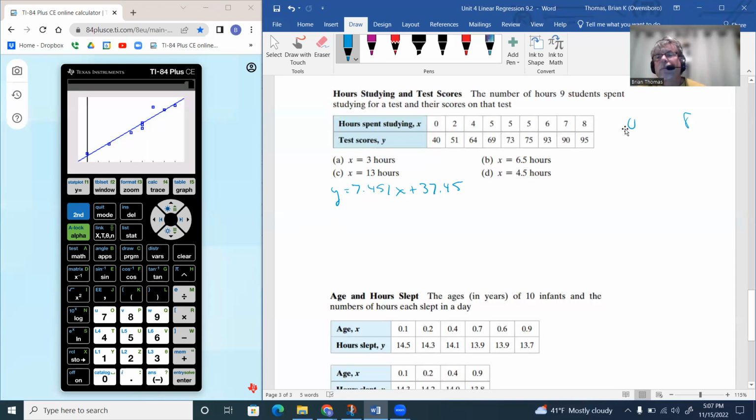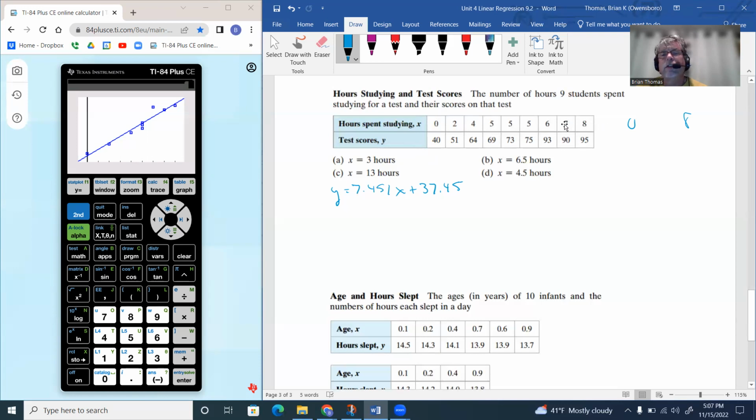Typically, we want it to be between the minimum and the maximum value. Negative numbers would also not be meaningful because you can't study a negative number of hours. But notice how 3 does fit between our values here.